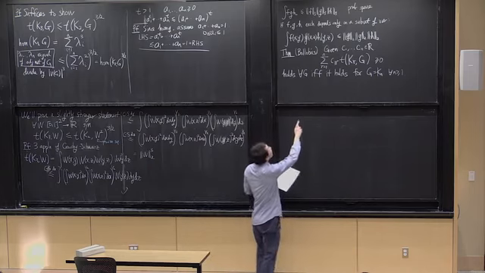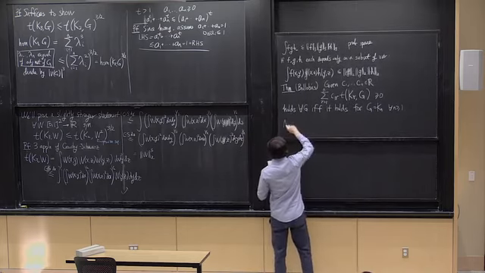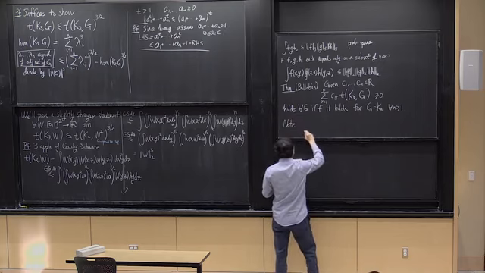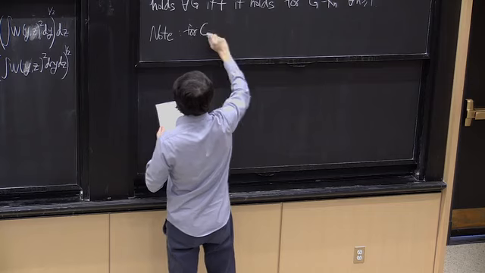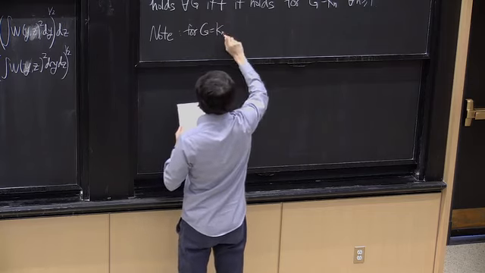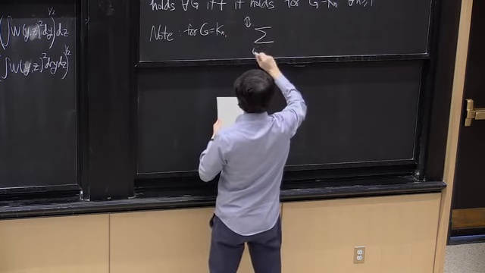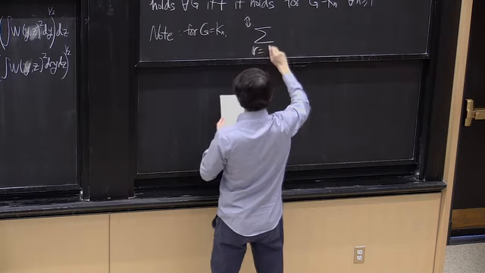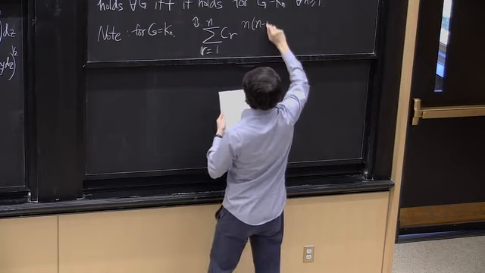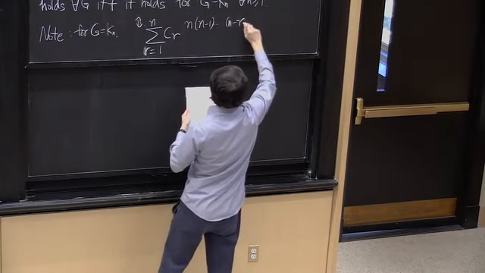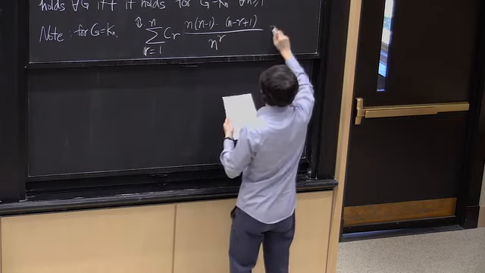So the reason I say that this is very easy to check if I actually give you what the numbers are is because this inequality for cliques is equivalent to the inequality that I'm writing down now, where I tell you precisely what the r-clique density is in an n-clique, because that's just some combinatorial expression.